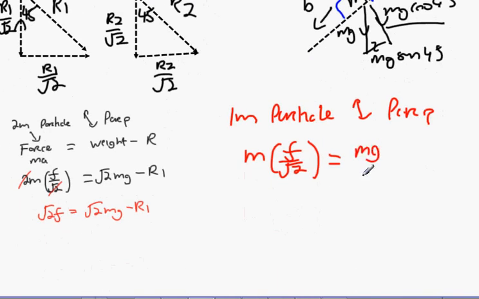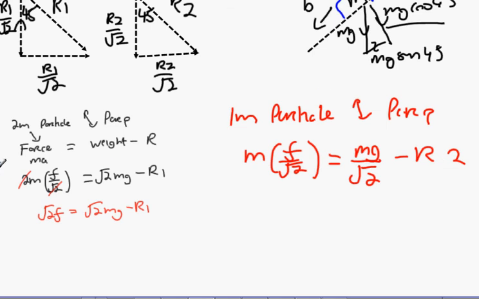So mg cos 45, which is mg over root 2. That represents mg cos 45. And then it's going to be take away R2. Okay? Now, we can just leave it there.